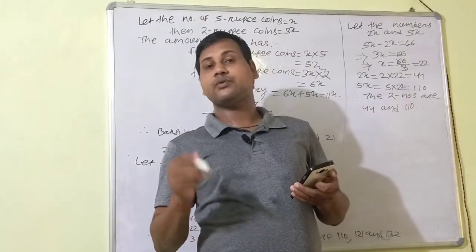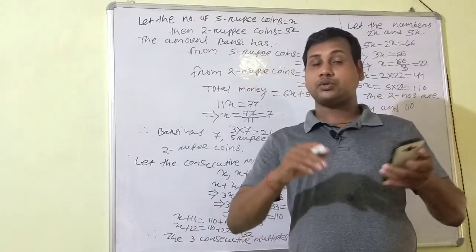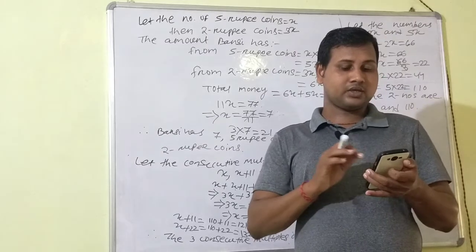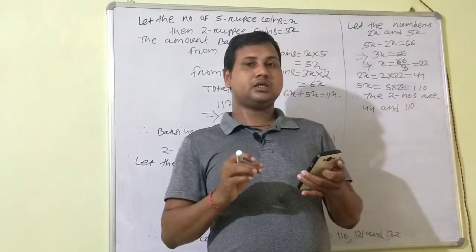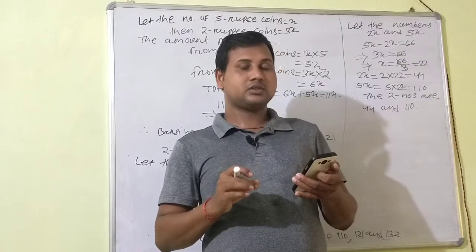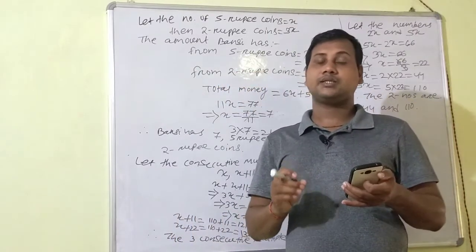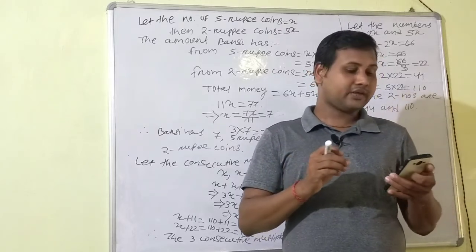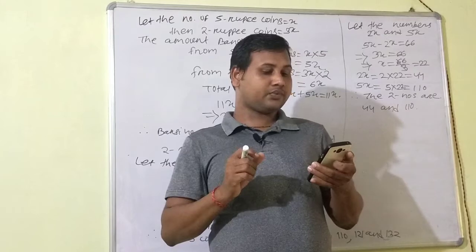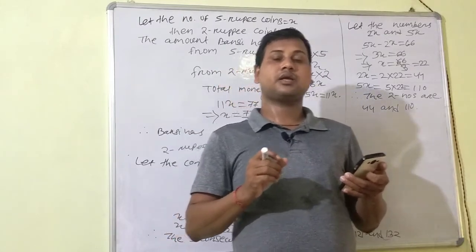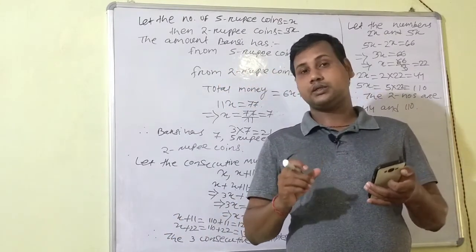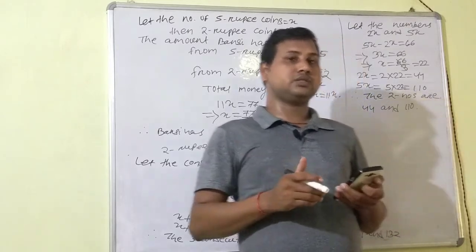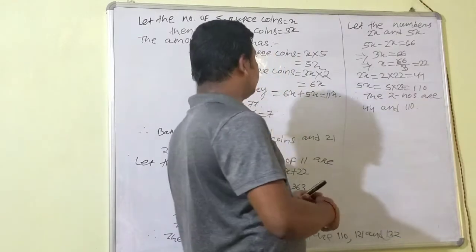The number of 10 rupee notes is not given, but the total number of notes is given. So we will add the number of 50 and 20 rupee notes and subtract from the total, that is 25. So 25 minus the whole of 3x plus 5x will give the number of 10 rupee notes. Then we will proceed.